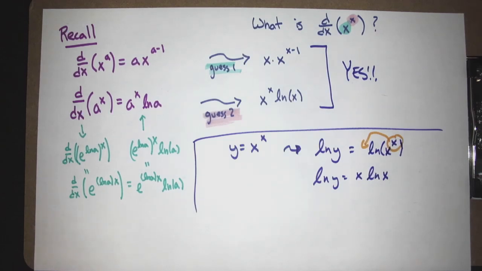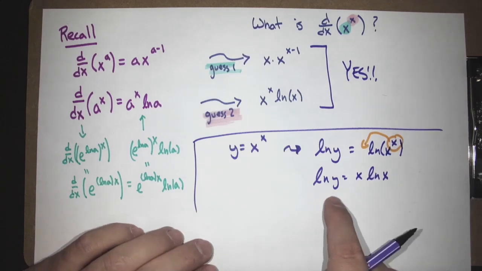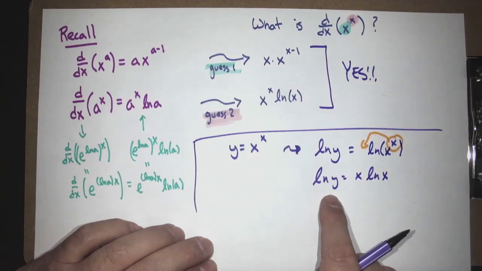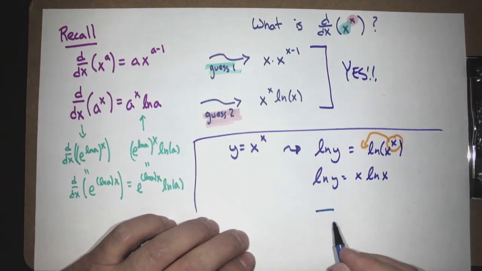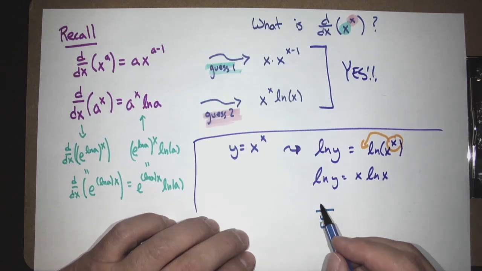All right. Well, now take the derivative. We're going to have to do some implicit differentiation here. What's the derivative of log of y? Remember, derivative of log, it's a fraction, right? What goes downstairs? y. What goes upstairs?